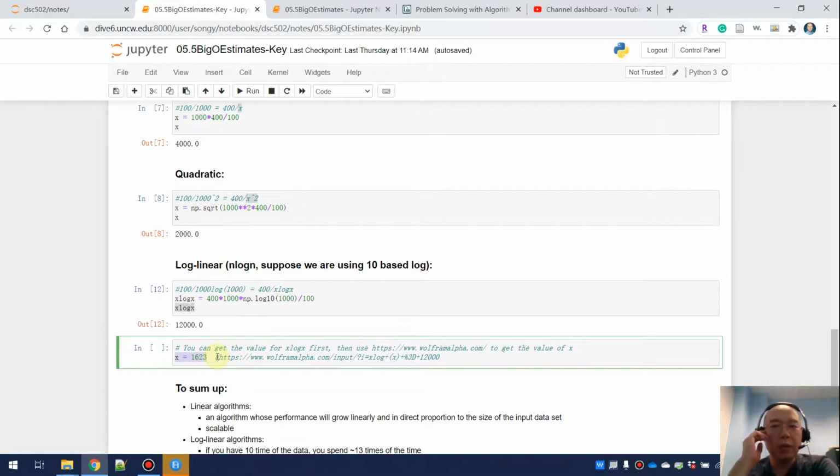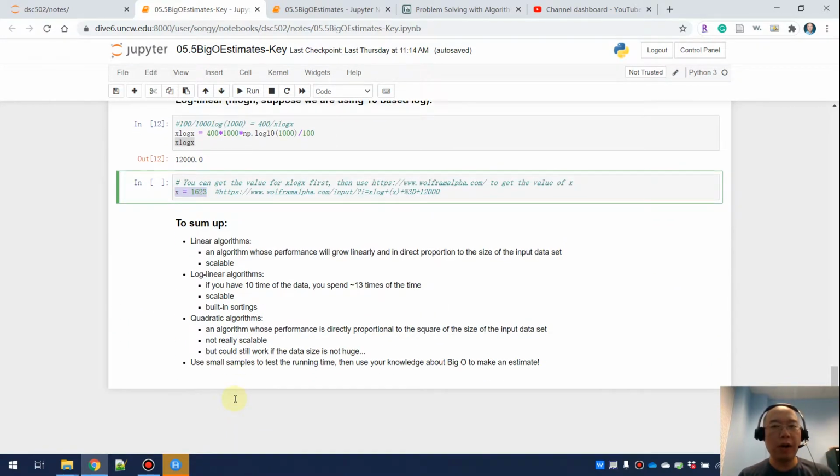Okay, so those are two possible scenarios that you may do if you have a machine learning model. You run it on a small portion of the data, and after that you can estimate how long you want to put in the time, and based on the time, how much data you are able to run on that machine learning model.